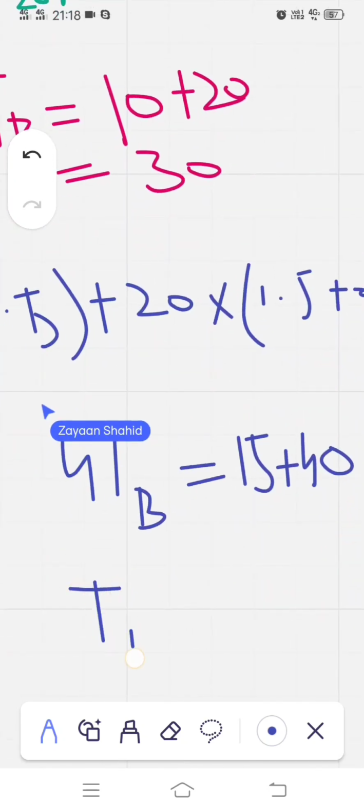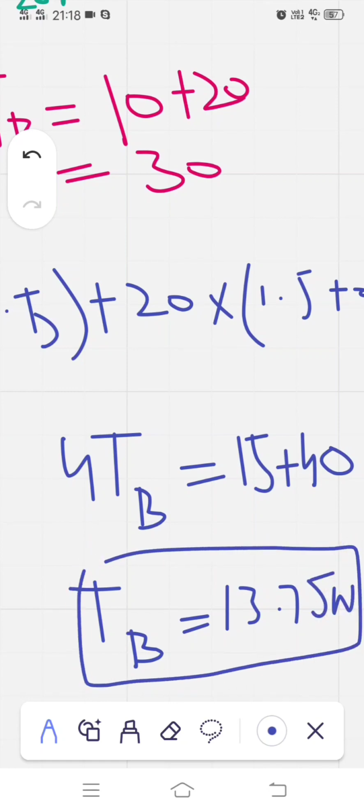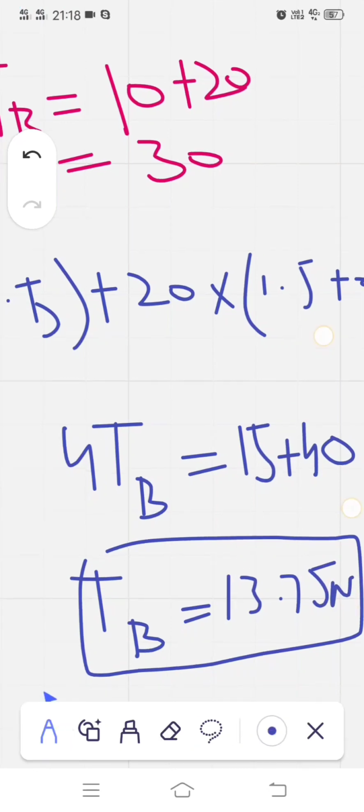Now TB is equal to 40 plus 15, 55 divided by 4. So this is 13.75 Newton. Now put this into the vertical resolution equation that we have found.